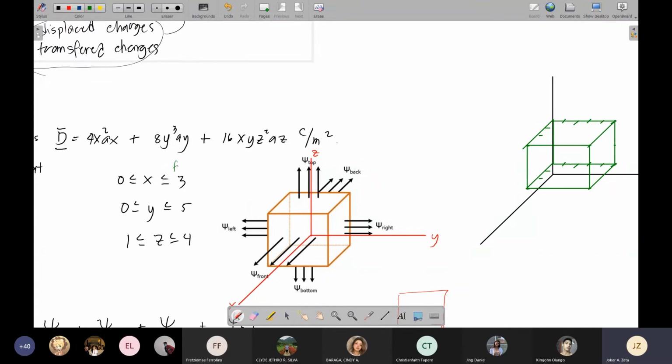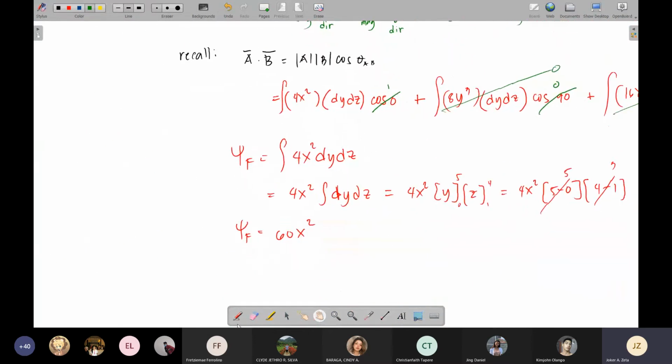Applying that, the flux on the front surface will become 60 times 3 squared, or 60 times 9. So this becomes 540. Is that right?